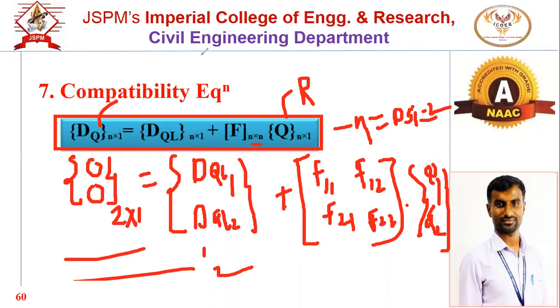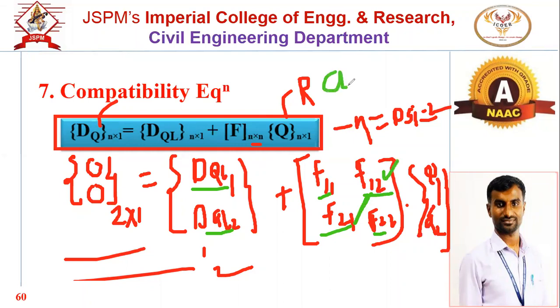Now tell me how many elements you have to find out? We have to find out DQL1, DQL2, F11, F12, F21 and F22. Means somehow we have to find out 6 elements. But we know that from the properties of a square matrix, from the reciprocal theorem, F12 is equal to F21.